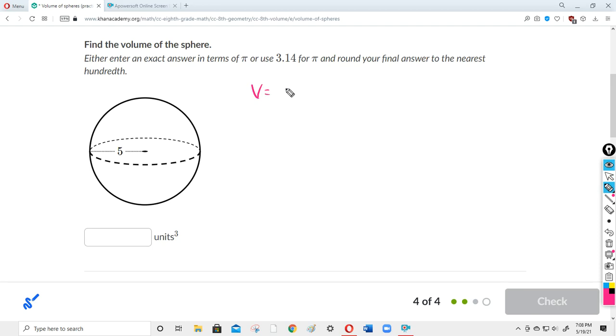So our volume is 4 pi r cubed over 3. Alright. So you can see here the radius is 5. So that's going to be 4 pi times r to the third, which is 5 to the third, divided by 3. Alright.